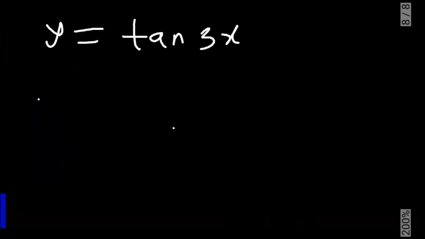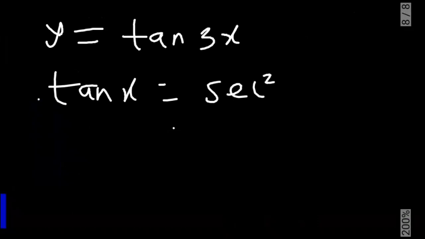Let's say we have y equal to tan of 3x. How do we get the derivative of this? Normally, the derivative of tan x is what? It is sec squared x. What about the derivative of tan ax? Let's say x has a coefficient.